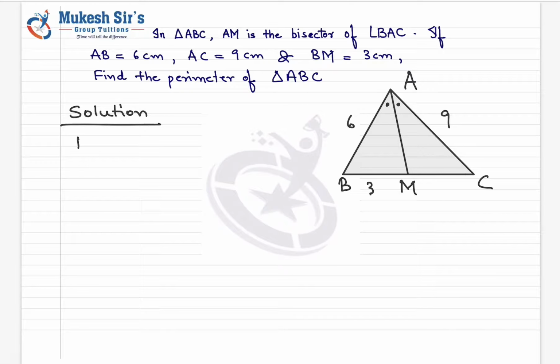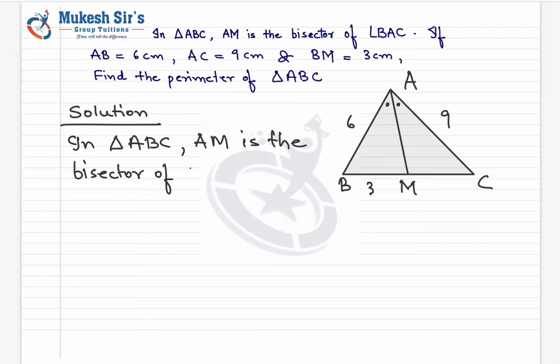You can say in triangle ABC, AM is the bisector of angle BAC, given, right? So I'll be using property of angle bisector of a triangle.